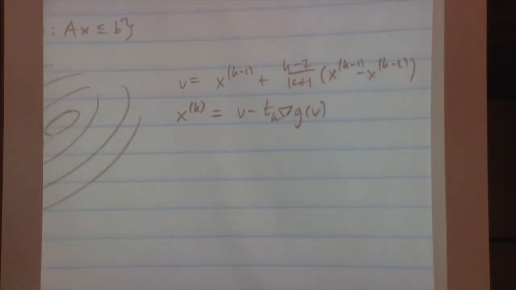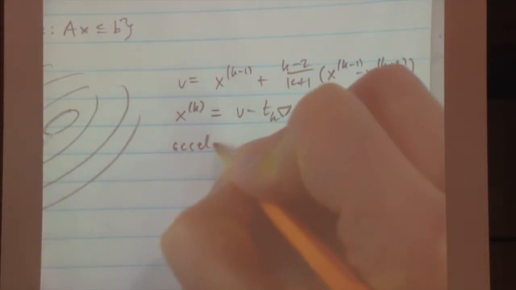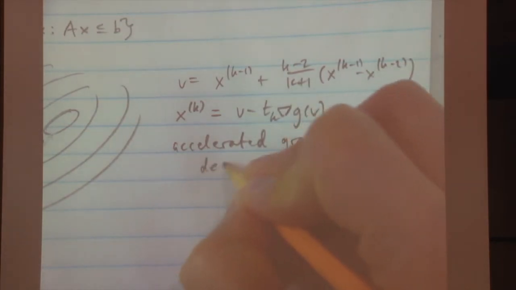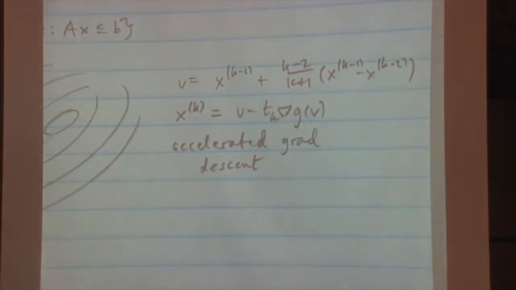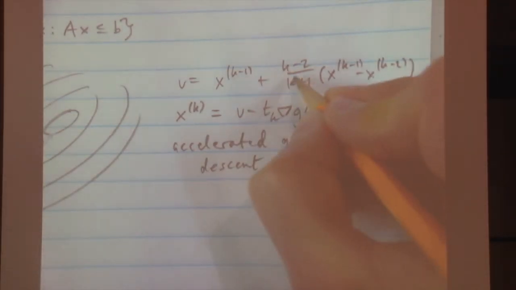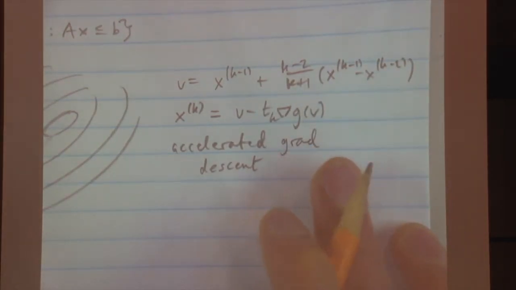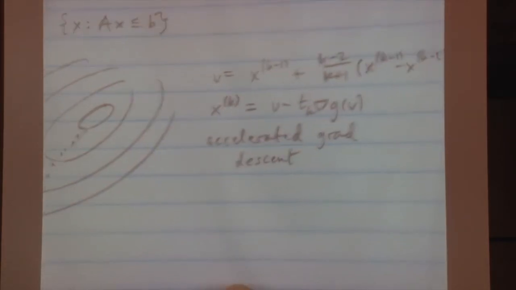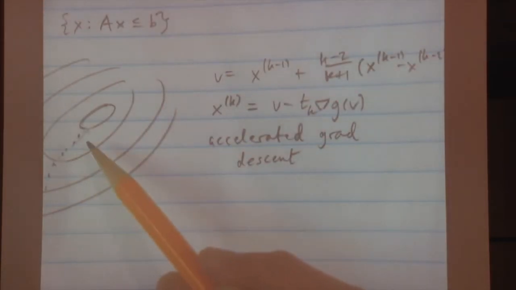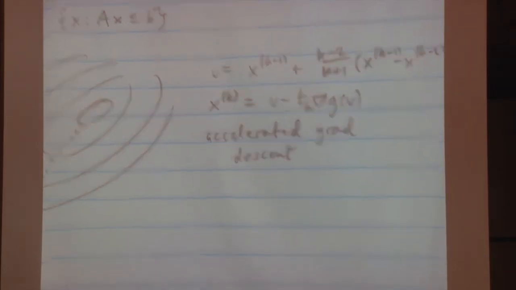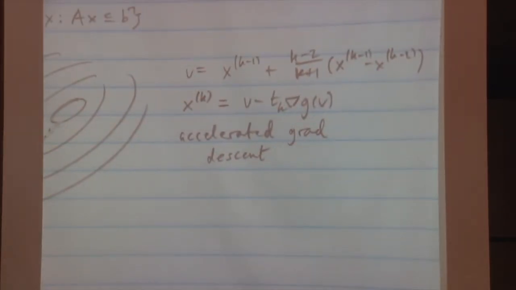So this would be accelerated gradient descent, which is a special case when we take h equals 0. So the question was, isn't this just the same as taking a longer step size, effectively? And it's not the same, because you're evaluating the gradient at a different spot. You can draw yourself a picture to convince yourself that's true. Mark down xk minus 2, xk minus 1, and xk here. You'll see that you're actually evaluating the gradient at a different spot than had you just taken a longer step size. So it's a fair question, but it's not quite the same. Which is good because we know that gradient descent converges at a rate 1 over epsilon, and this converges at a much faster rate, so this better be doing something different.